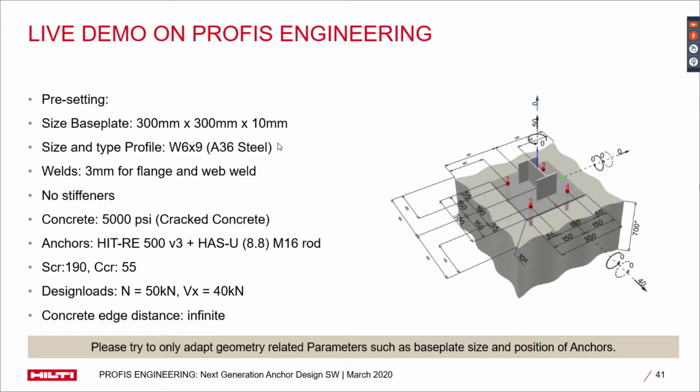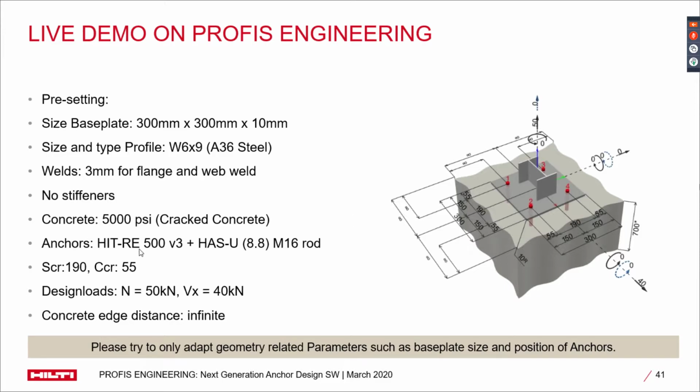For our live demo, we will be making a design connection of W6 by 9 A36 steel connected to an existing foundation with 700 thickness of concrete base material. The size of base plate is 300 by 300 by 10 thick. Welds 3 for flange. Concrete strength is 5,000. Based from our discussion yesterday, we will be using cracked concrete condition.